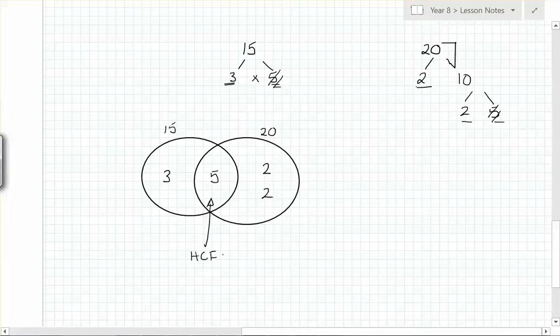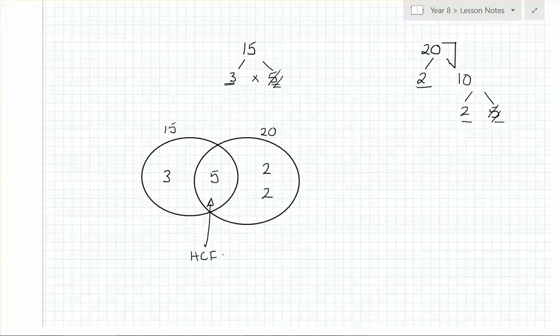The highest common factor is the factor that's common to both, that's why it's in that region. If there was another number in the middle with 5, what would you do? Choose which number was the bigger number and put that as the HCF? I see what you're thinking, but it's not right.